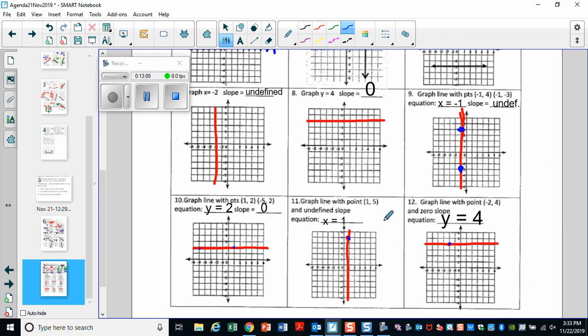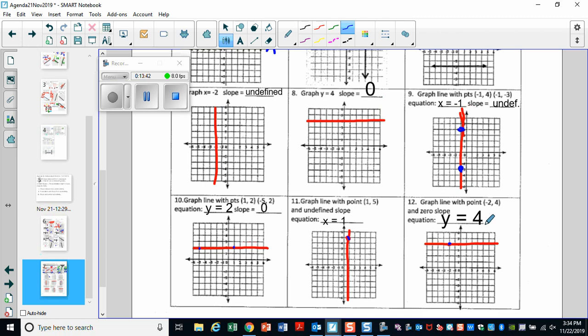And for 11, graph the point (1, 5) with an undefined slope. Again, undefined, vertical line up and down. X is negative 1, because that's where the line crosses the x-axis. For this problem, you plot (-2, 4), 0 slope, left to right, horizontal line. And again, the line crosses the y-axis at y equals 4. There's our equation.